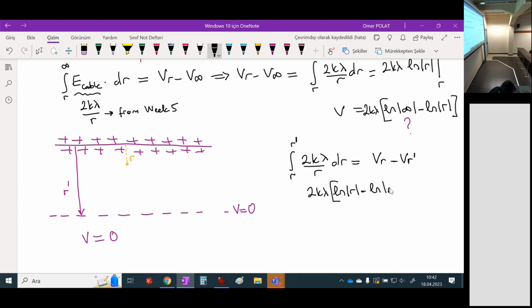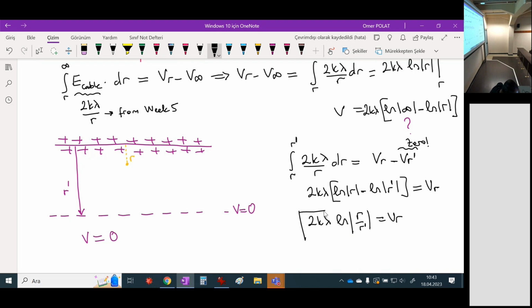I know V R prime is zero, because R prime is a long distance, but finite. Then VR, the potential of the cable at R, equals 2K lambda ln(R prime over R).